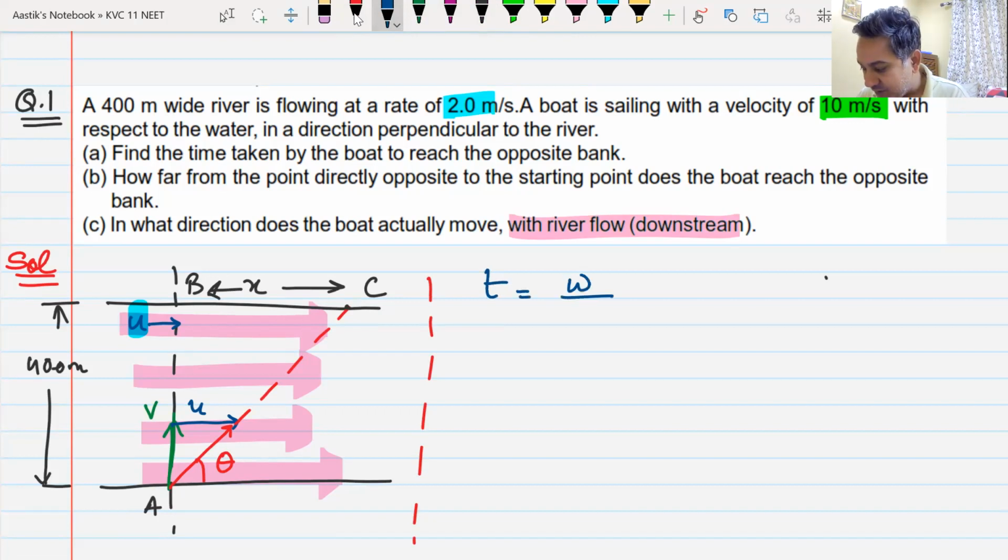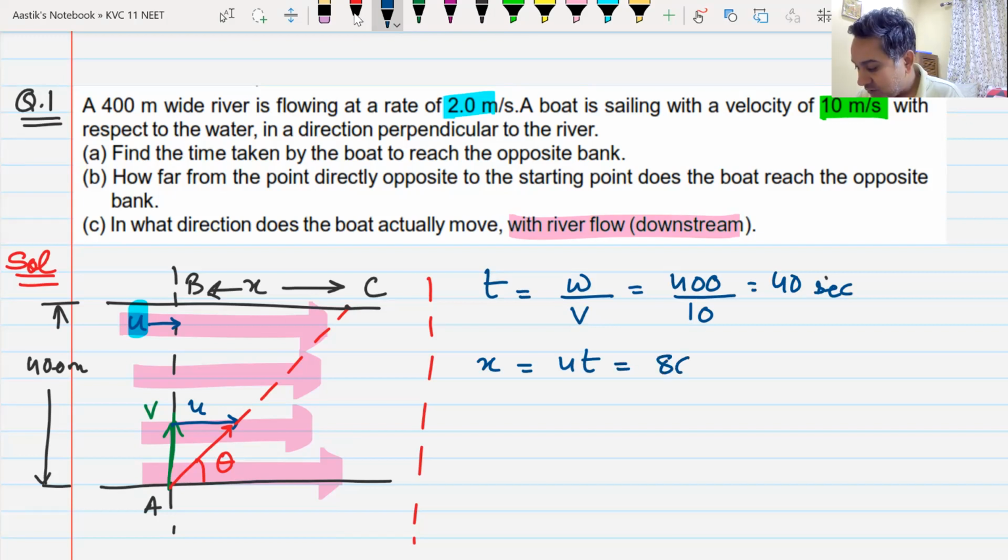It's simply W divided by V: 400 divided by 10, and that is 40 seconds. Then you have to find out the drift x. Once you get the time, you multiply u by t. That is the simplest way. So 2 multiplied by 40, the drift is 80 meters.